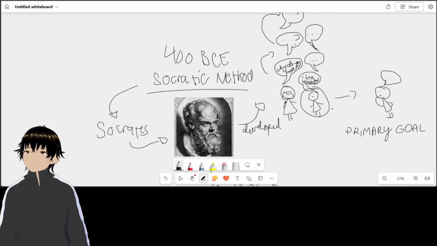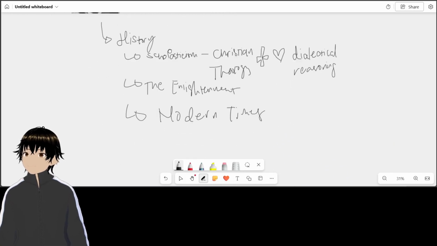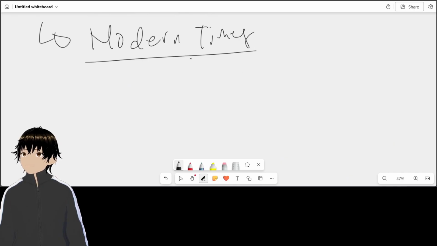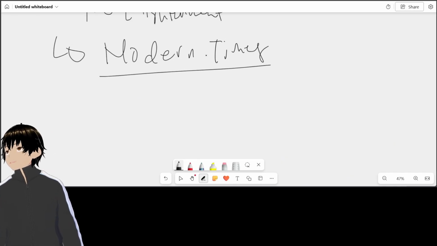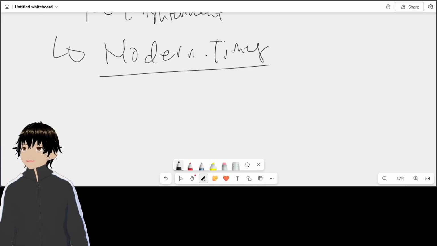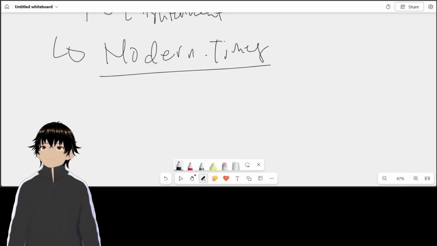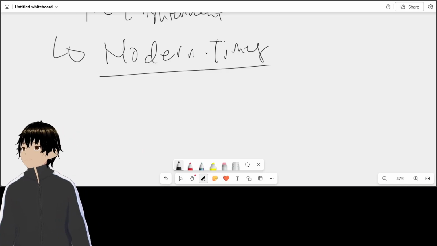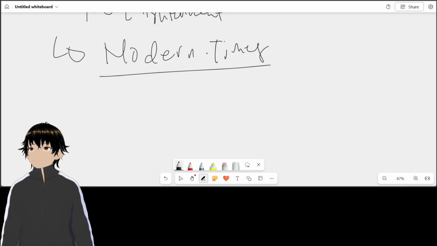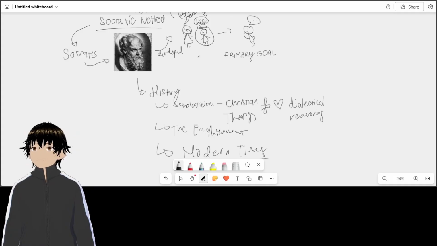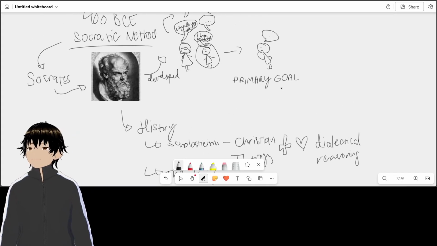From the very time that it was developed to our time today, the Socratic method is used in many disciplines, okay? Disciplines such as law, and other things. So that's basically a short, brief introduction on the Socratic method.